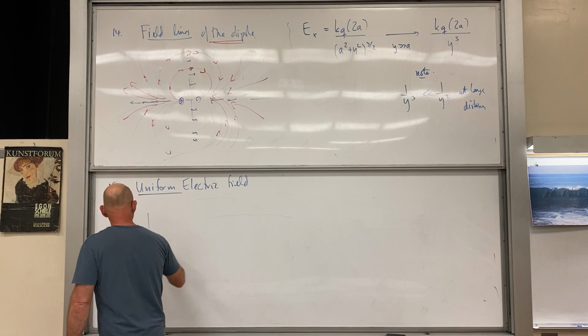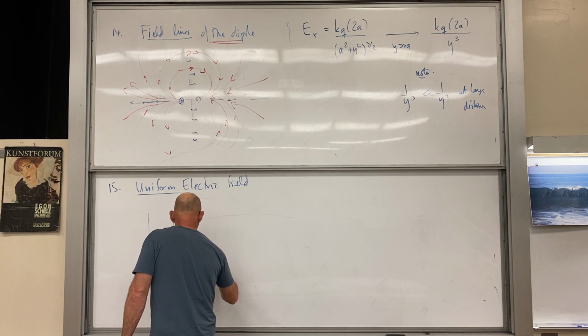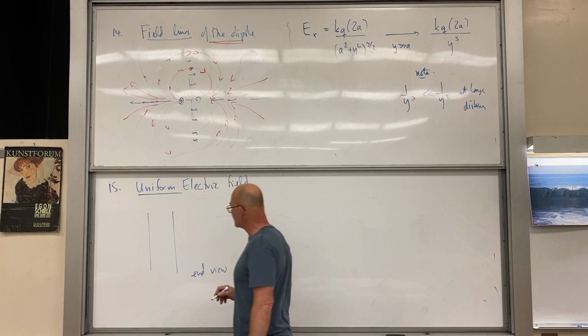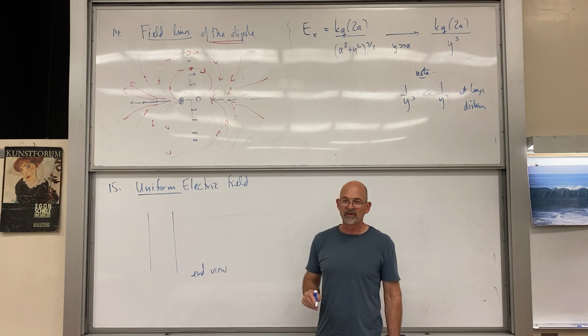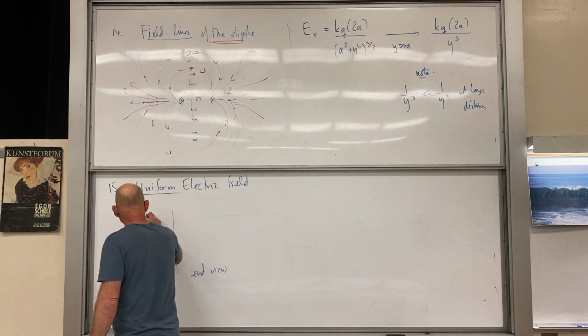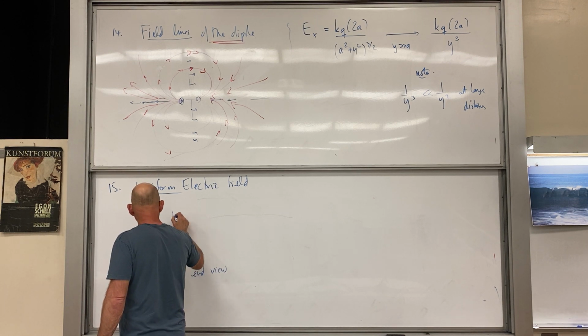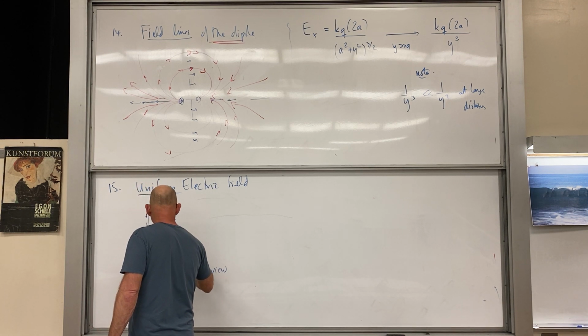is by, this is an end view of, say, a couple of conductors, or we can actually do it with insulators as well. What we do is we load up a bunch of positive charge on one side and a bunch of negative charge on the other.